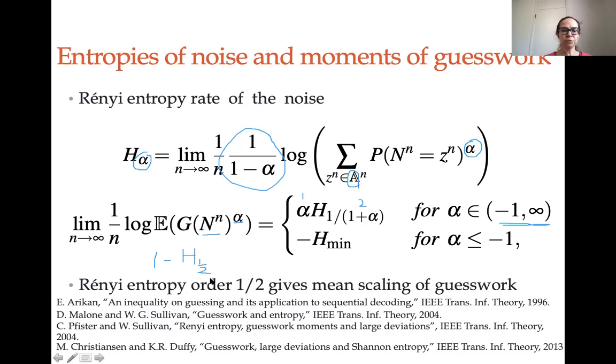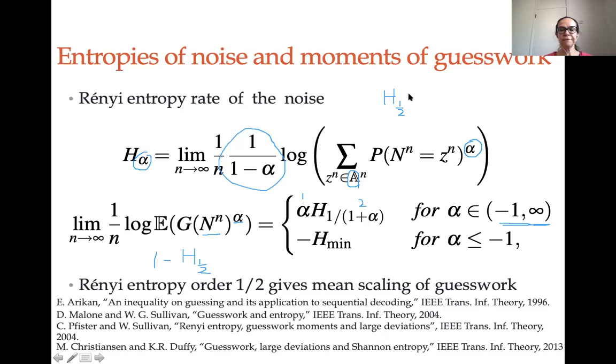Okay, this Rényi entropy of order 1 half gives the mean scaling of the guesswork, the mean, when the alpha is 1. H of 1 half, as we've mentioned before, and I encourage you to play with this a little bit on your own when you're studying your notes and convince yourself of this.